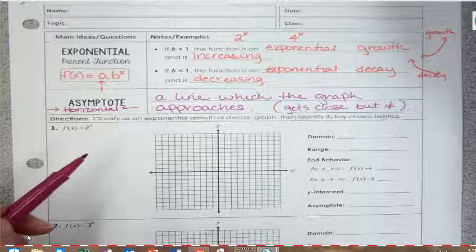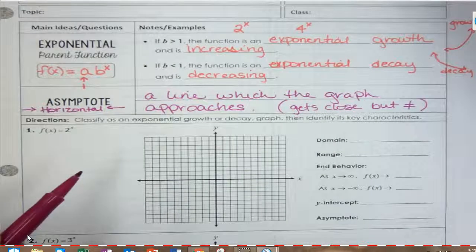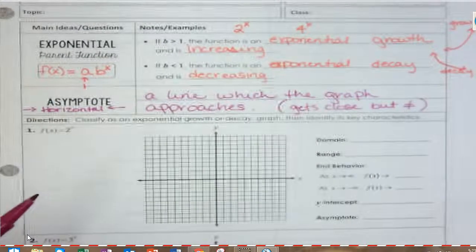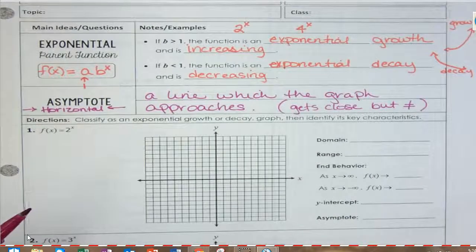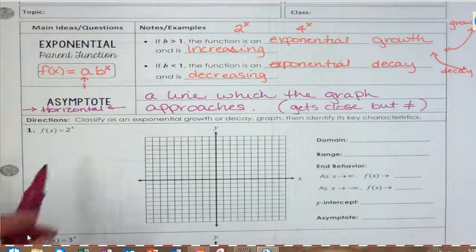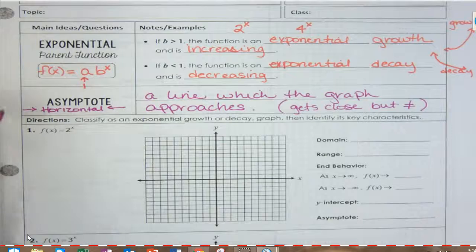All right, so our first example is f of x equals 2 to the x. Please, please, please, there is no excuse for you not to plug this into your calculator and be able to graph it.